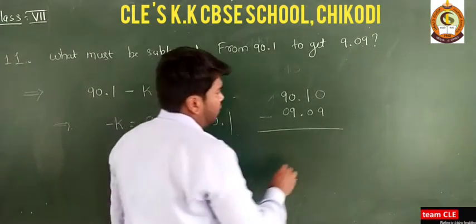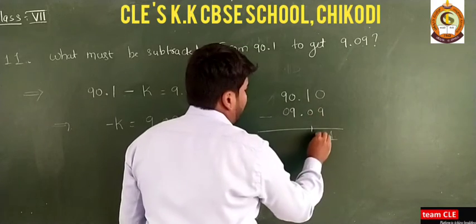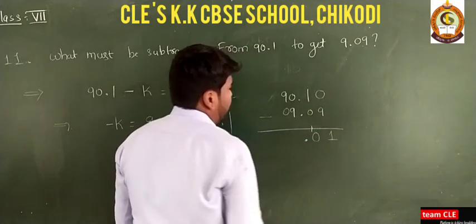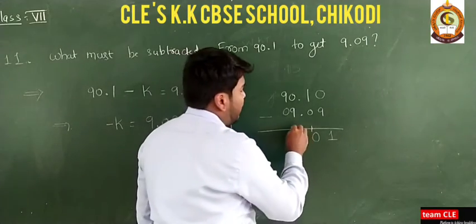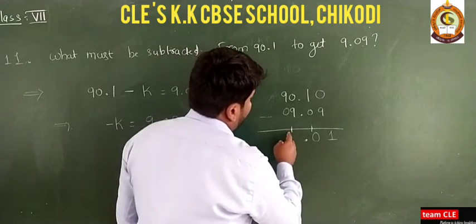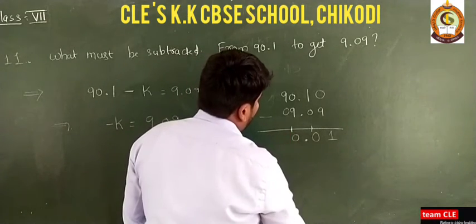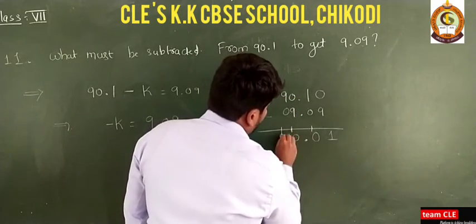So again 10 minus 9 is 1, carry 1, again 1 minus 1 is 0, and the decimal point we keep as it is. Again 10 minus 10 is 0, again 1 carry here, 9 minus 1 is equal to 8.